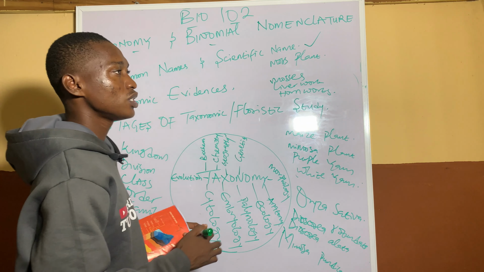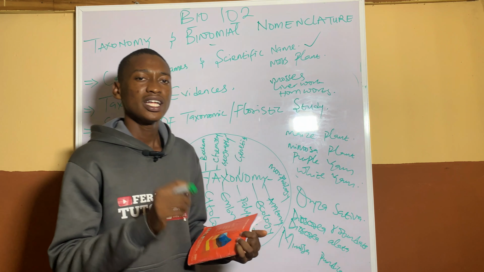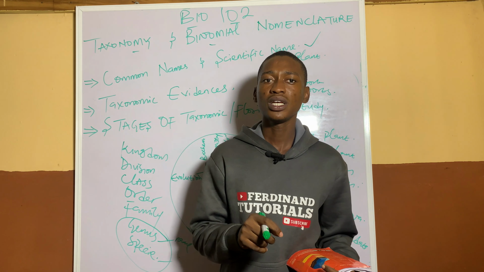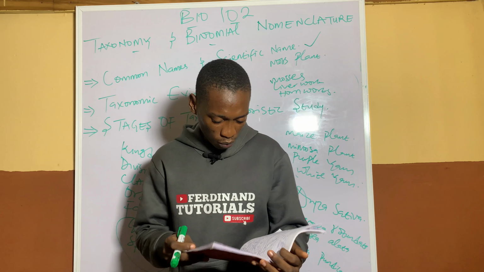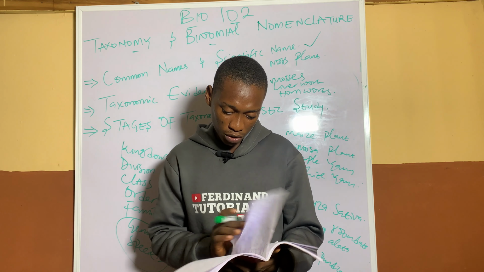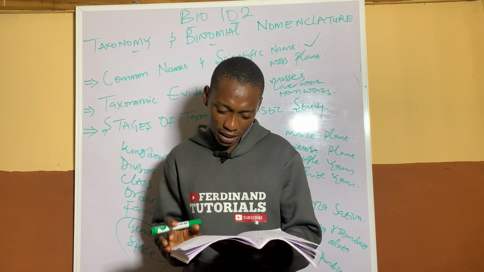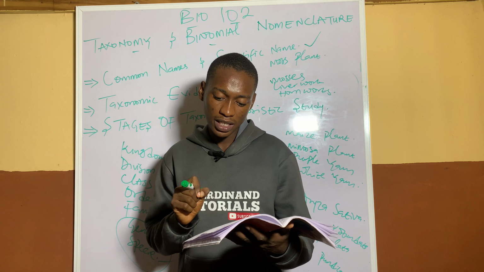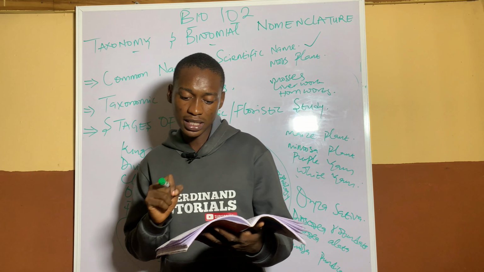Now, when we are talking about all these taxonomic evidences, there is a question they usually ask. They say, explain why taxonomy is a pedestal science. Okay, let me get that question correct. Give me a minute. They say, taxonomy is a pedestal upon which all biological disciplines are built. What is the reason?